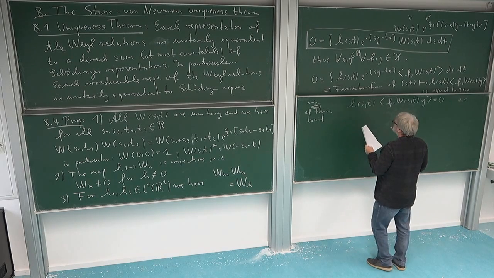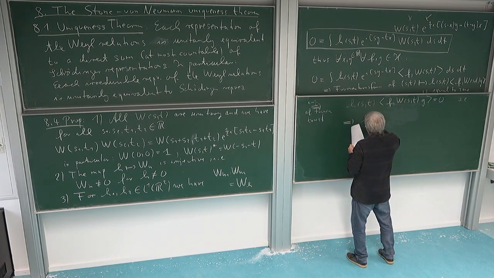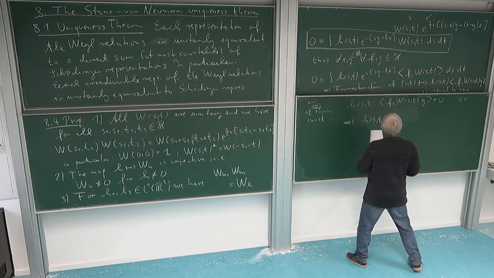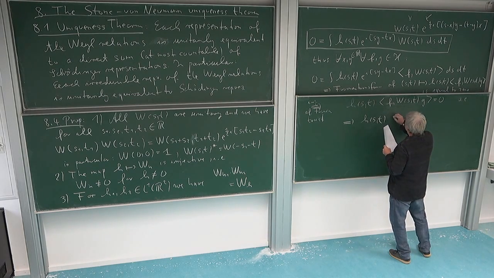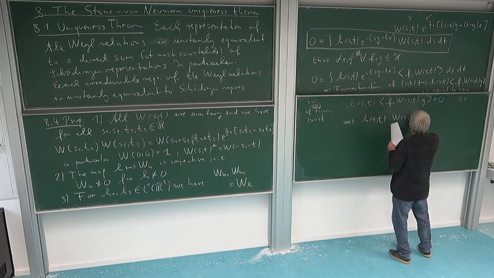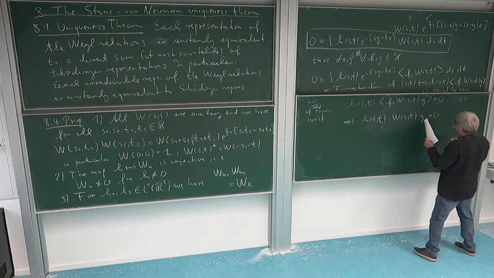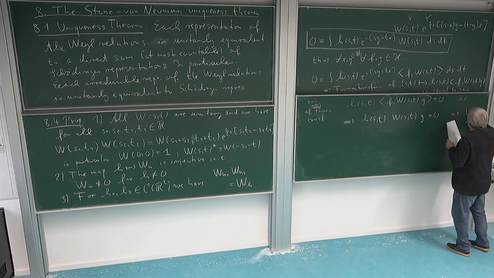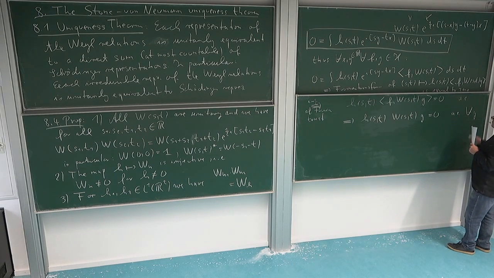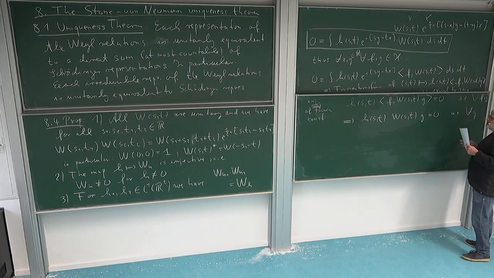So this means that h(s,t) times W(s,t) g is equal to 0, and again this is almost everywhere, and we have this for all g. Here we had this for all f and g in the Hilbert space.